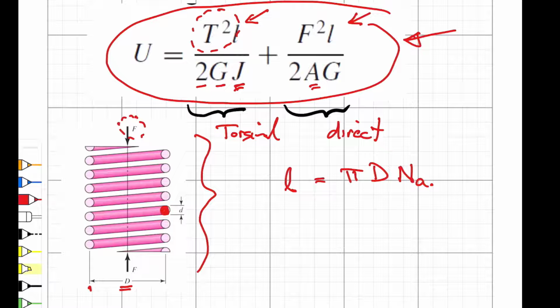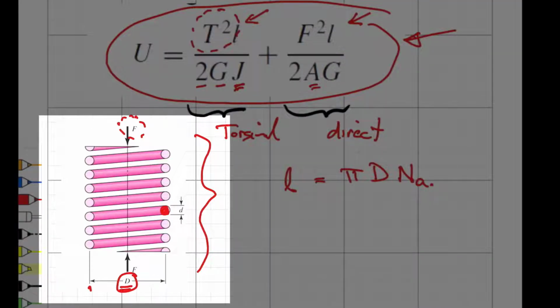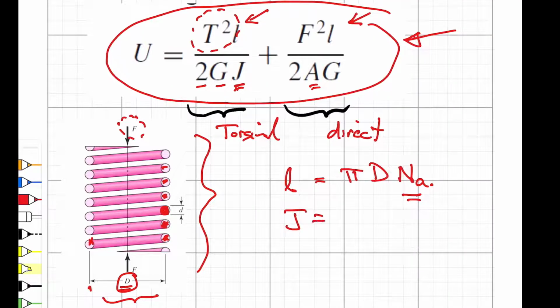So pi times capital D, if you look at this diagram over here, is just the circumference of the coil diameter running through the centroid of those wires. N sub A is the number of coils that are actively loaded. We also know that the polar moment of inertia is equal to pi d to the fourth over 32, and that the cross-sectional area is pi d squared over 4.